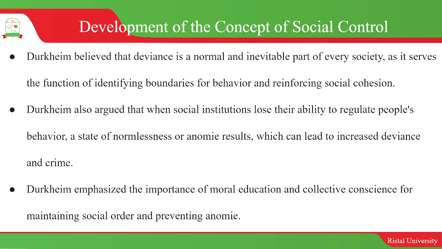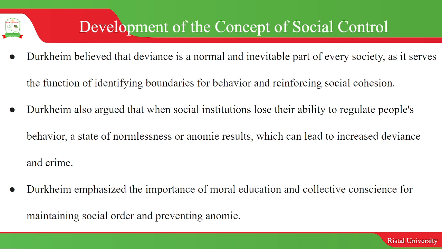For him, he believed that defiance is a normal and inevitable part of every society. The meaning of the word defiance is doing things against what the society believes in. You are antisocial. Defiance and crime are related things.